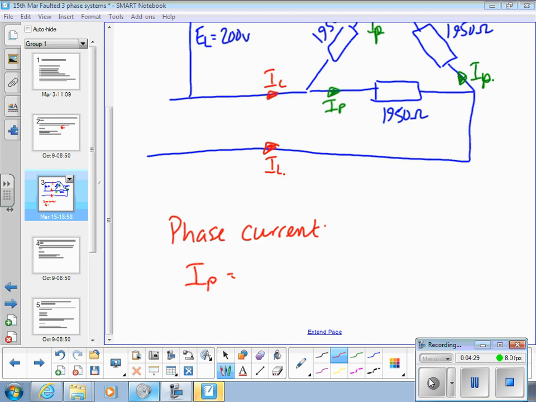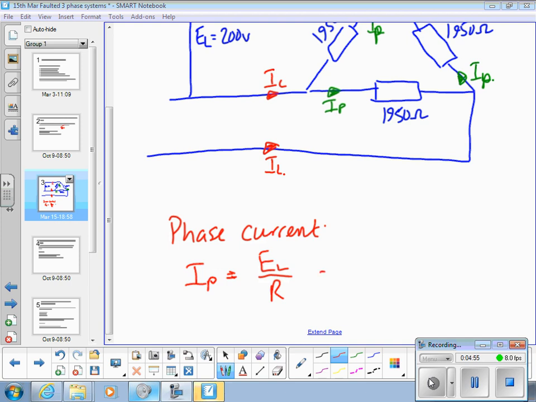What does it equal? We haven't got the line current, Christian. You're right, but EL over R. All the R's are equal, so yes.